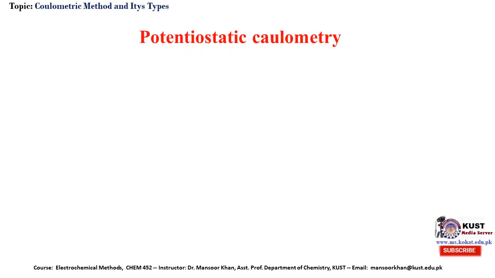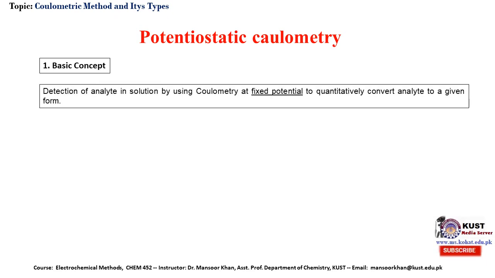Now the second type of coulometric method of analysis includes the potentiostatic method of coulometry. So what is the basic concept of potentiostatic coulometry? It is the detection of an analyte in a solution by using coulometry at a fixed potential to quantitatively convert the analyte to a given form.